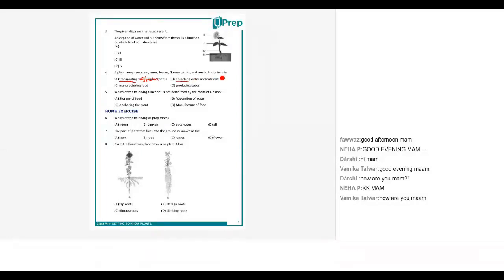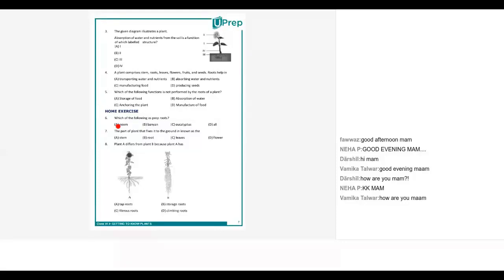Ma'am, the root. Yes. So basically, the items are the same, water and nutrients, but one word is different: transporting and absorbing. So be very careful, right? These kind of questions are given, options are given to confuse the child, but you have to be careful in reading it twice. Okay. All right.